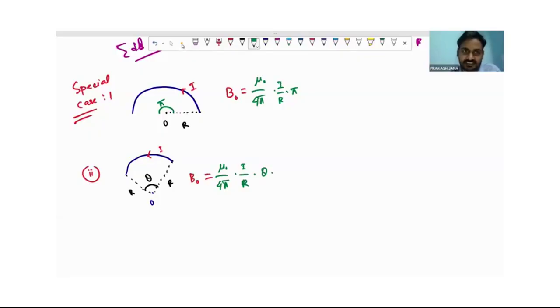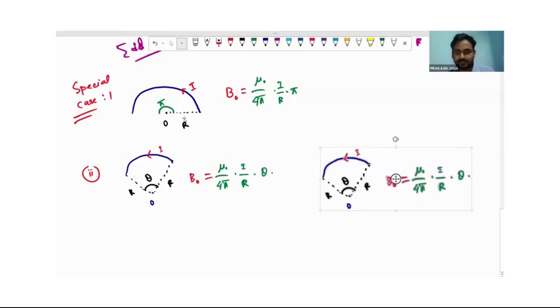See, I can give you now a problem. Suppose I replace theta by a value, suppose it is 30 degree. And don't make this mistake. Don't write 30 degree here.